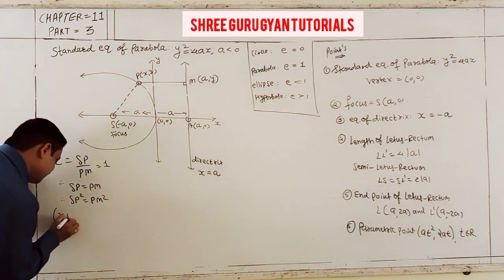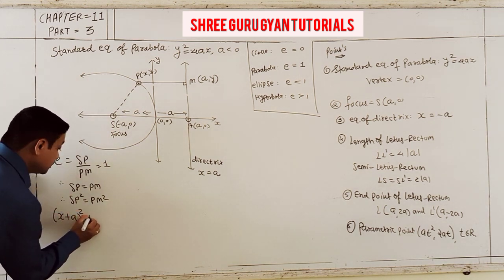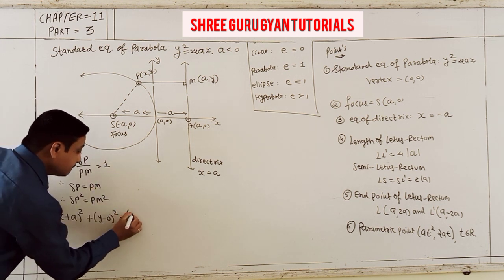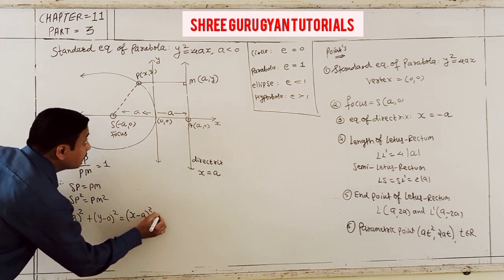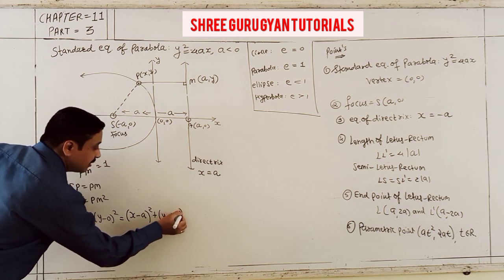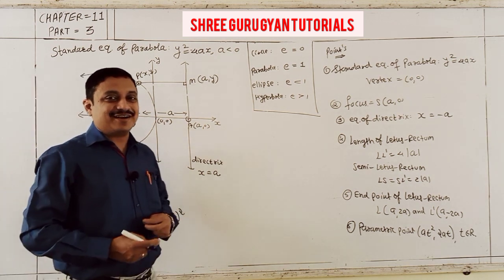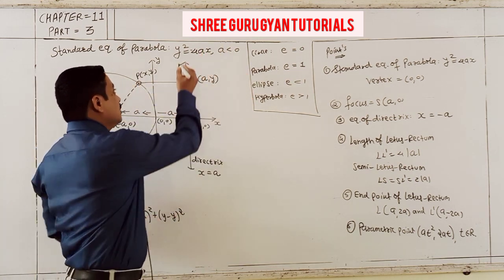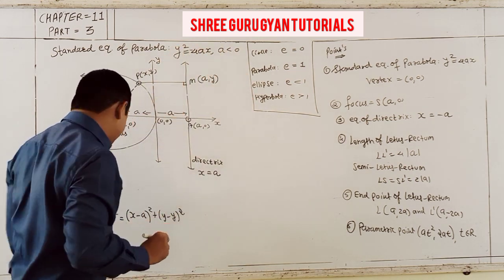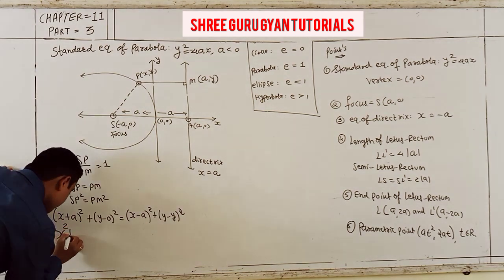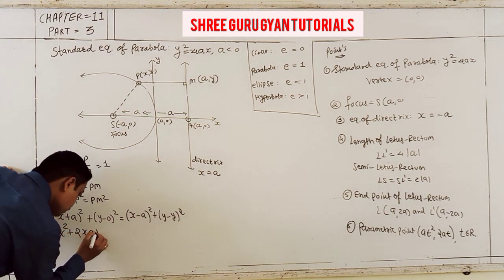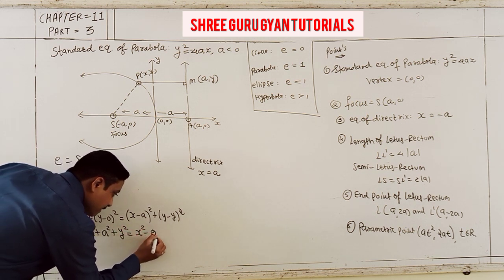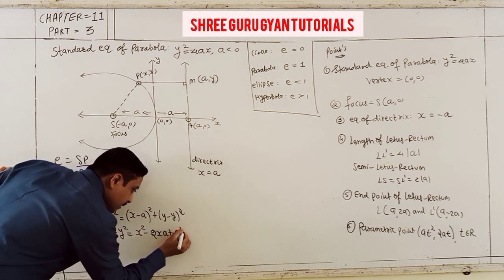Apply the distance formula on it now: (x plus a) square plus (y minus 0) square. Now P to M: (x minus a) square plus (y minus y) square. And totally expand, and you get this equation of parabola, y square is equal to minus 4ax. Students, here x square plus 2xa plus a square plus y square is the same as x square minus 2xa plus a square, and that is 0.